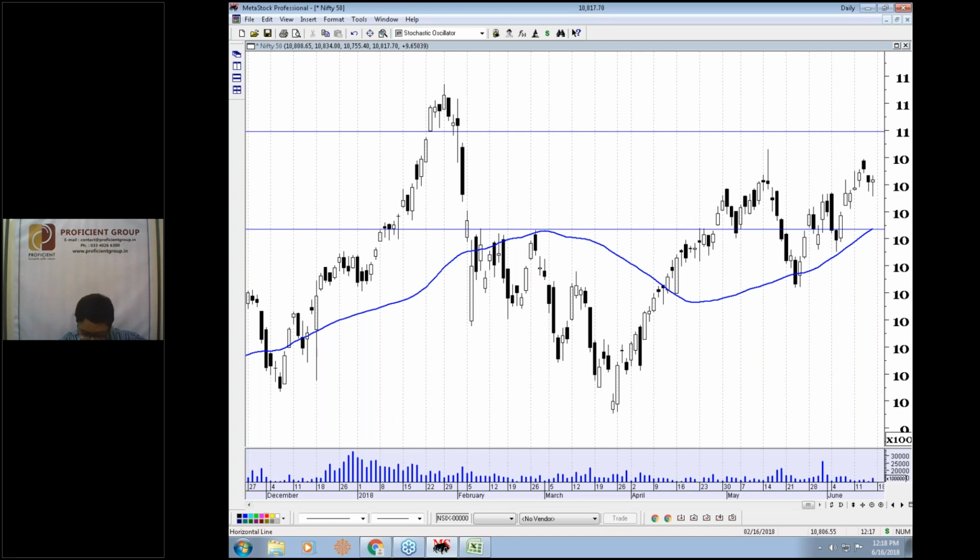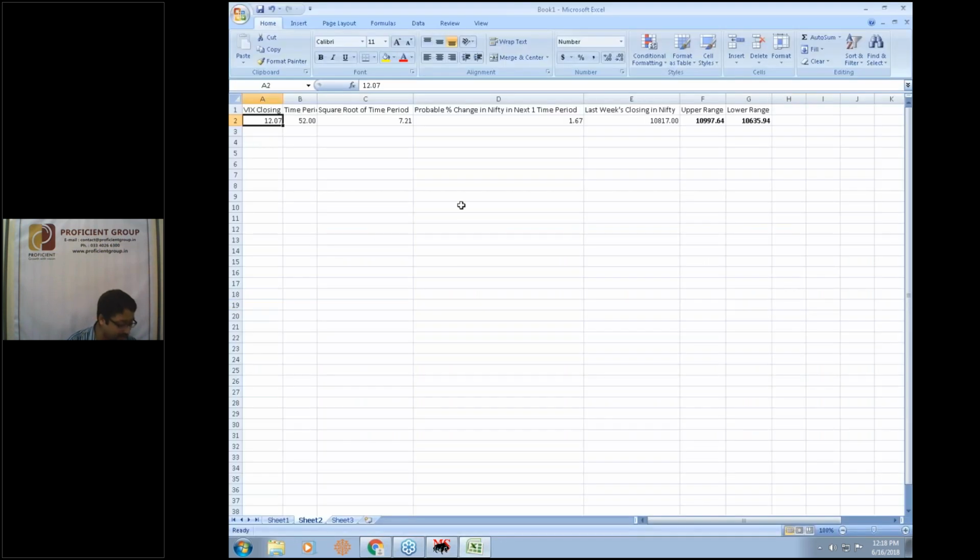Possible, highly possible. Two-thirds is the possibility, that is one standard deviation. And these values we are getting from VIX. Naturally, if the value of VIX is very high, if the value of VIX were some 20, then all these values will rise, right?